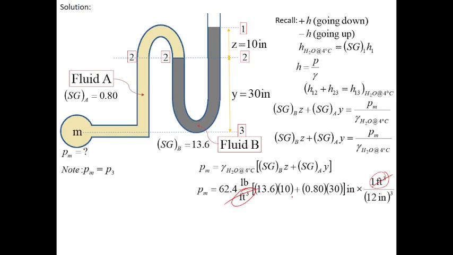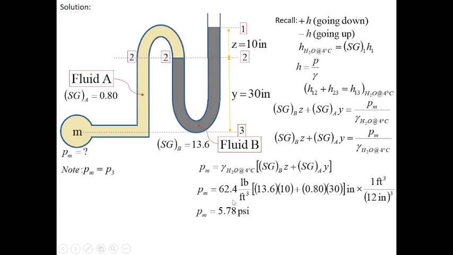So we have pound-inch over cubic inch. So we have now pounds per square inch. That's why we get 5.78 psi.